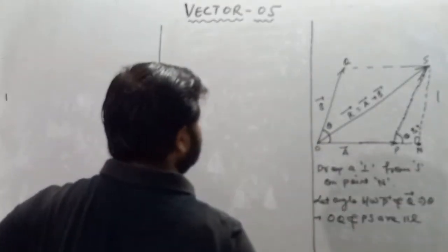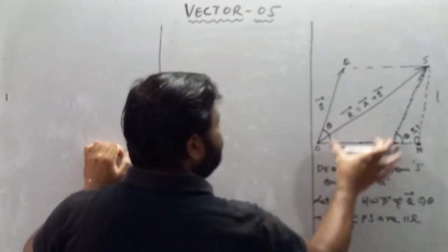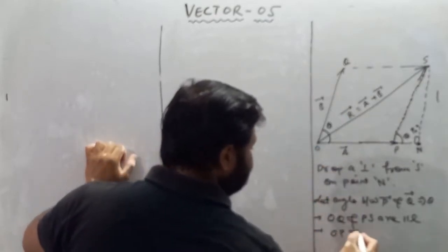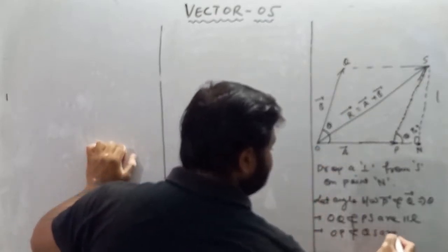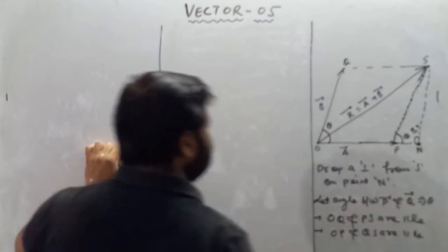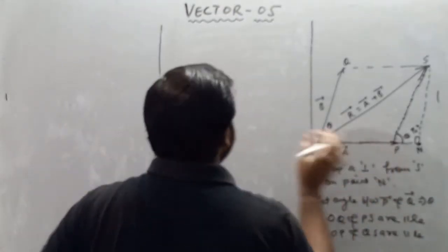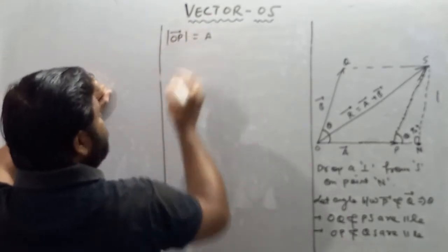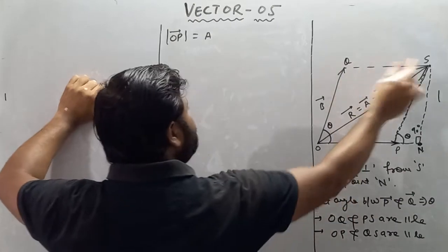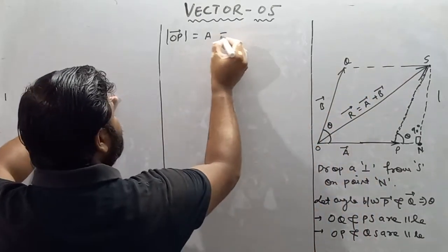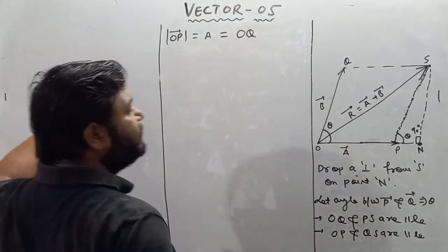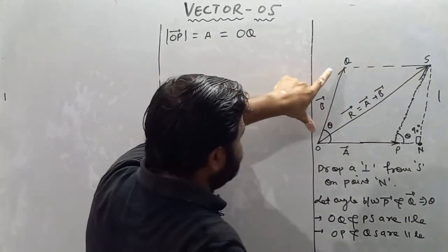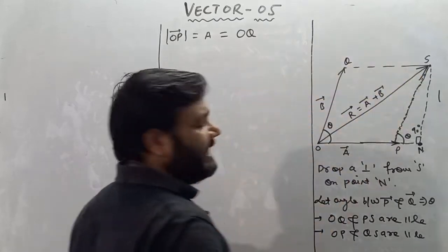Next, moving forward, this line, that is OP, is parallel to QS. I'll write here OP and QS are again parallel. So if the magnitude of OP vector is A, then the magnitude of QS is also equal to A. Similarly, this line and this line, I mean OQ and PS, are parallel.